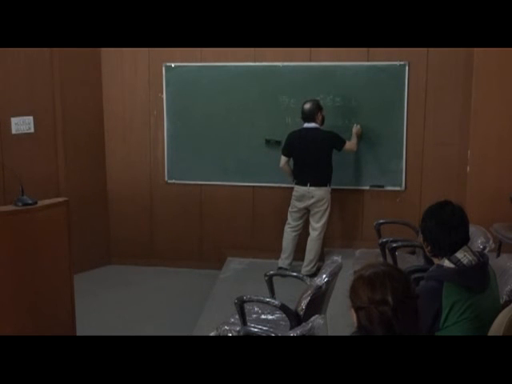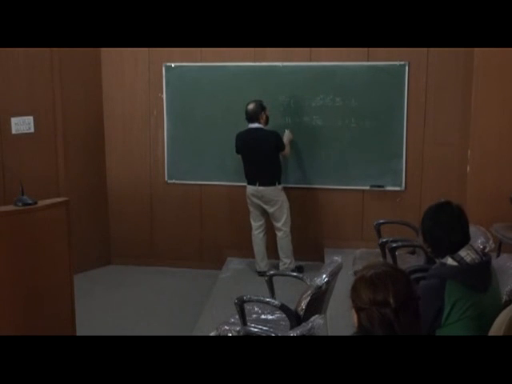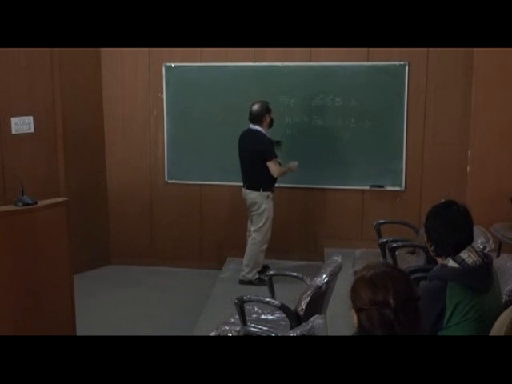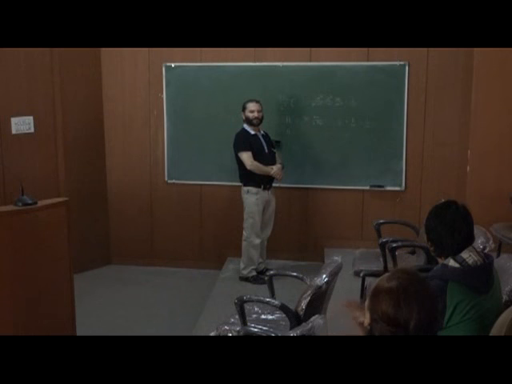Then what units will it have? It will have units of 1 over centimeter. So the quantity we need is H0 over c. H0 over c will have units of 1 over centimeter, right?